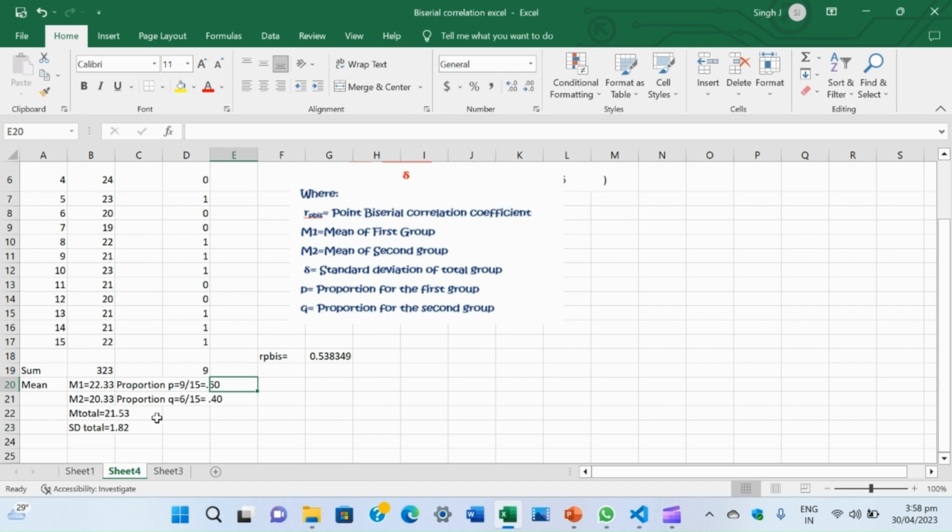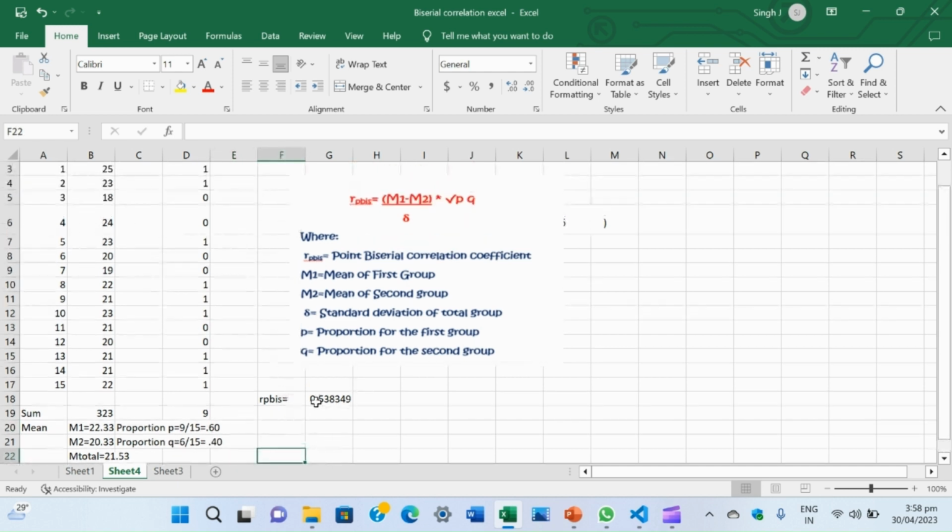The standard deviation, which is calculated, is 1.82. The proportion of the first group, P, is 9 divided by 15, where 9 students attempted it correctly and 6 did not. So Q is 6 divided by 15. Hence P is 0.60 and Q is 0.40.